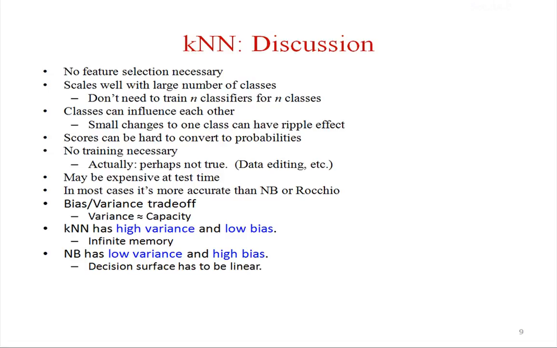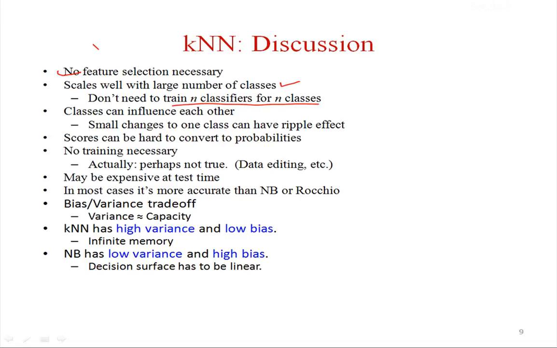Now some important discussion. No feature selection is necessary with the k nearest neighbor classifier. It scales well with a large number of classes, meaning it doesn't require training n classifiers for n classes. The classes can influence each other.